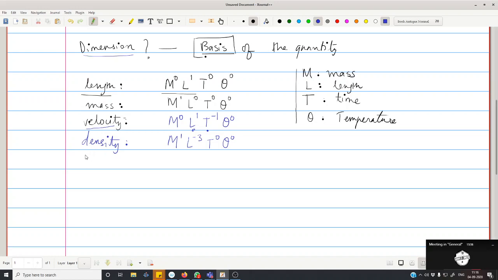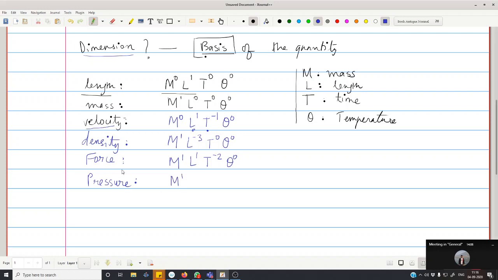Now tell me the dimensions of force. M1 L1 T minus 2. What about pressure? M1 L minus 1 T minus 2. Excellent.